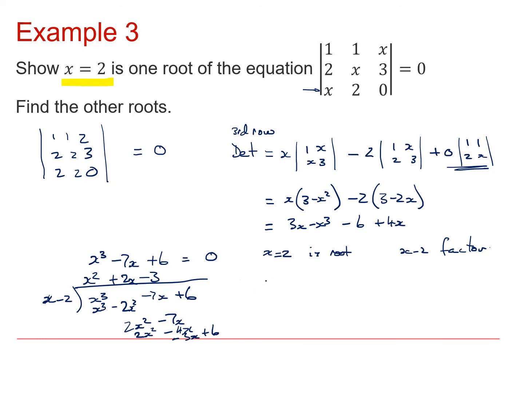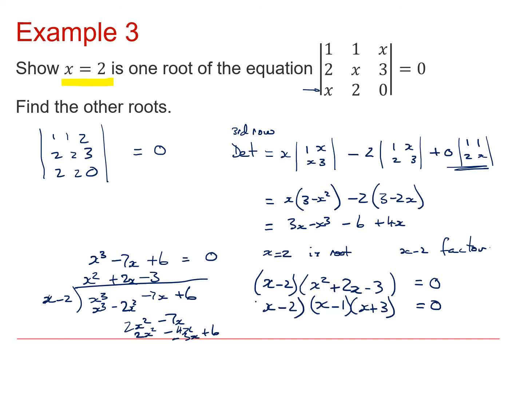So my equation is actually x minus 2 times x squared plus 2x minus 3 is equal to 0, and this factorizes to x minus 1 times x plus 3, and so my 3 roots are x is equal to 2, which we were asked to show, 1 and minus 3.